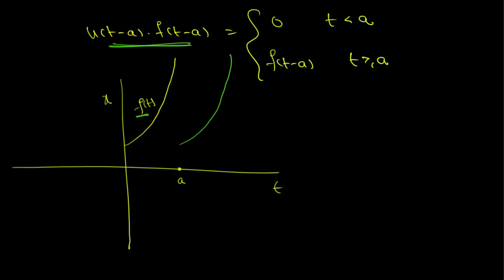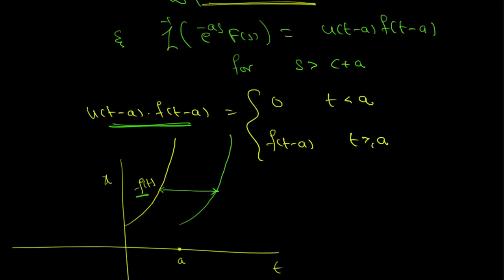It's just a copy of f(t), but it is translated by the distance a. So the Laplace inverse of e to the power of minus as F(s) is a function whose graph for t greater than or equal to a is translation by a units to the right of the graph of the function f(t).